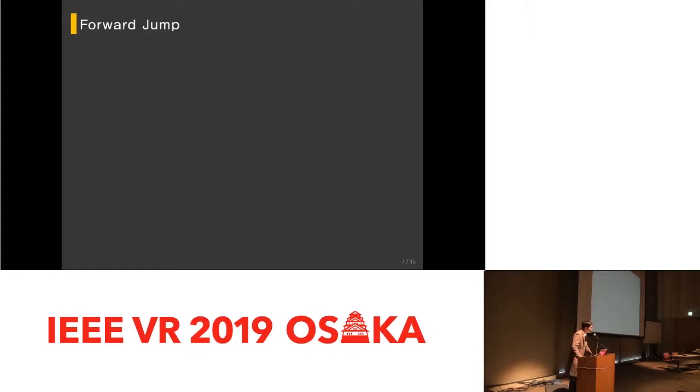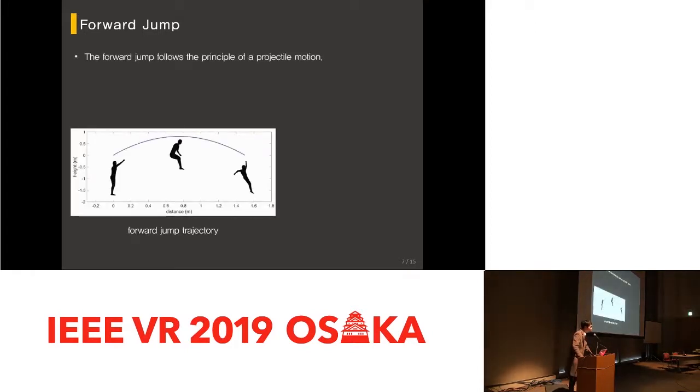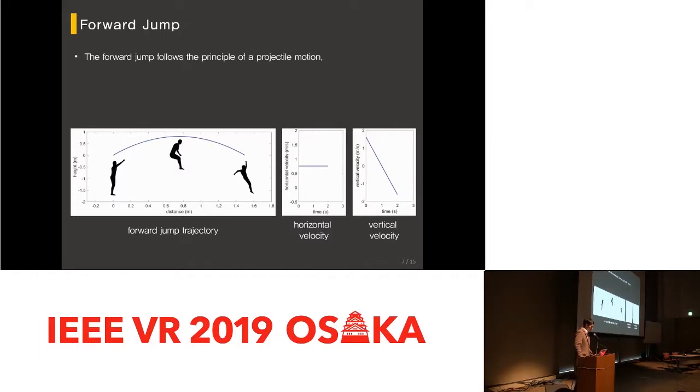Now, let's discuss the forward jump. The forward jump follows the principle of projectile motion. Its trajectory is determined by the initial velocity, which is decomposed into vertical and horizontal components. If we ignore the air resistance, the horizontal velocity is constant.